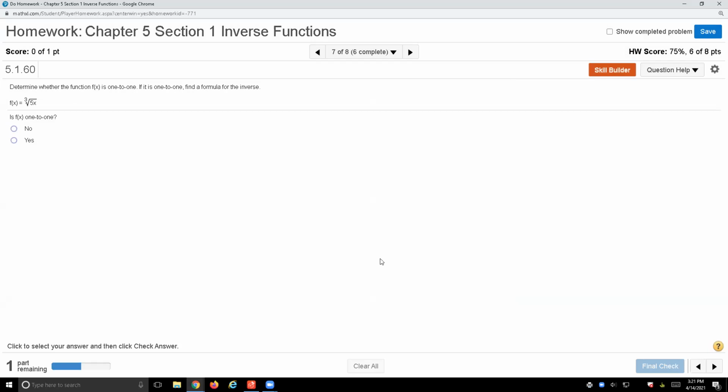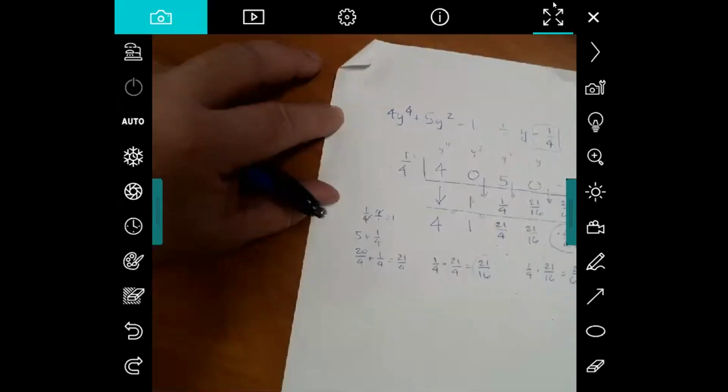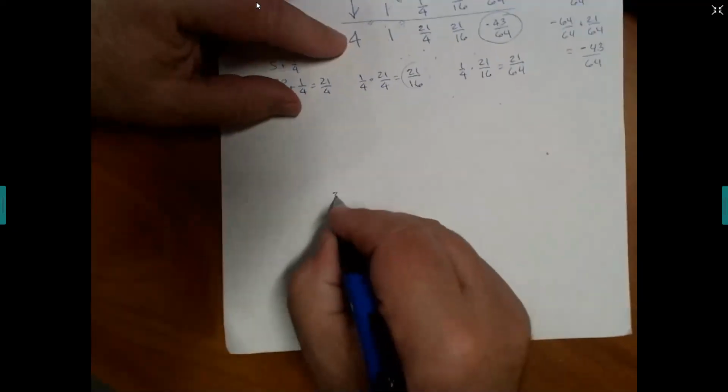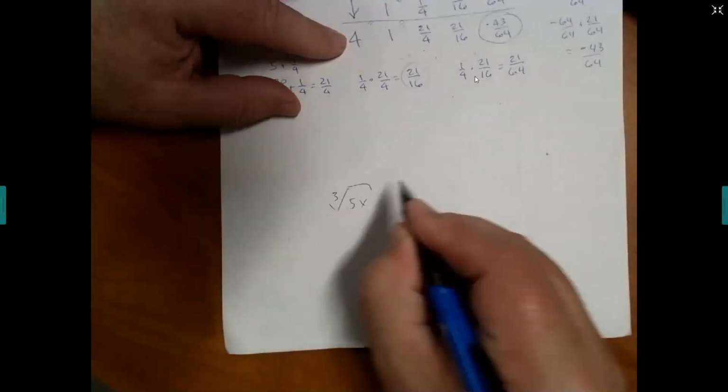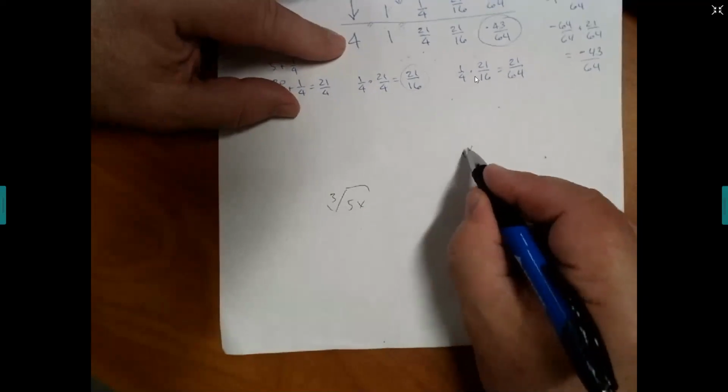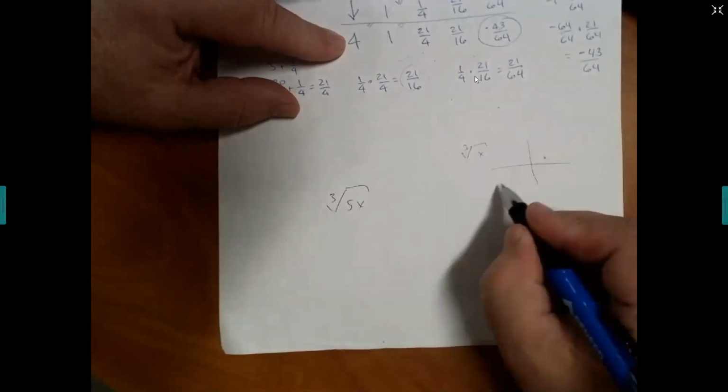Now we have the cubic function. Is a cubic function one-to-one? What's the graph of the cube root look like? Cube root of 5x. The cube root function looks like this.